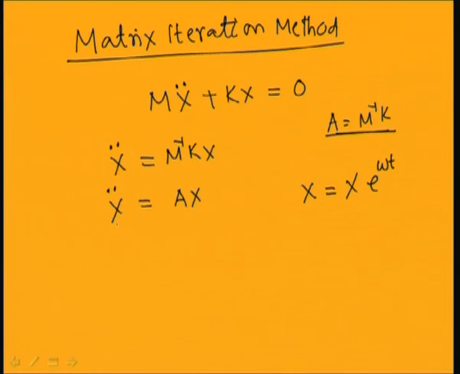This omega square I can take equal to lambda, the eigenvalue of the system. So, this expression becomes A x equal to lambda x.